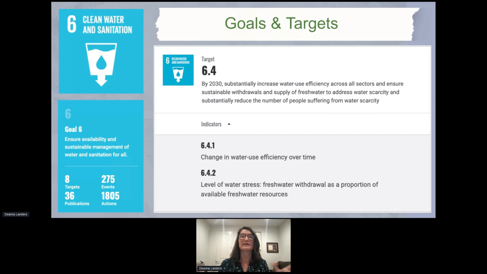And when you look at all of these points of light, as they used to be called, maybe they still are in the world, these not-for-profits, these NGOs, these CSOs, working together and all focused on the same area, then we can do this across all sectors. Ensuring sustainable withdrawal and supply of fresh water to address water scarcity. So that's one of our projects.